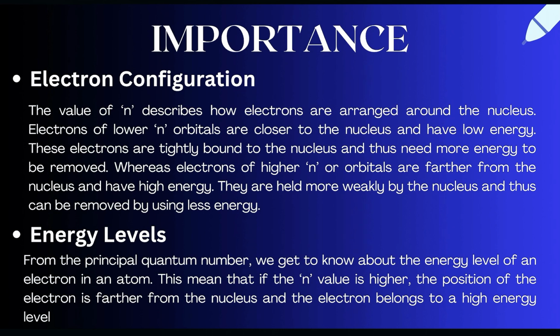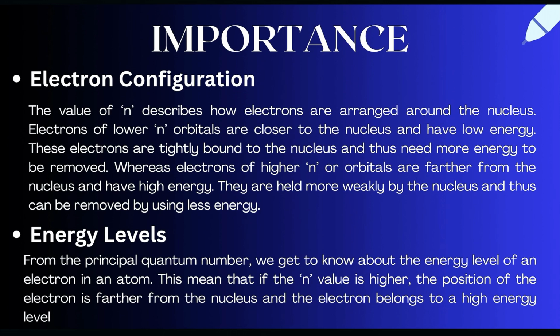Now the next point, energy levels. The principal quantum number tells us what is the energy level of an electron in an atom. How? The value of n means the electron is belonging to that number of shell.